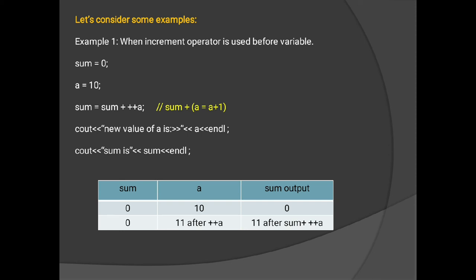Here you can see that sum is assigned the value 0, and a is assigned a value using the assignment operator. This is declaring the variable and at the same time initializing the variable. So this is called initializing of the variable, that is sum will store the value 0 and the variable a is storing the value 10.